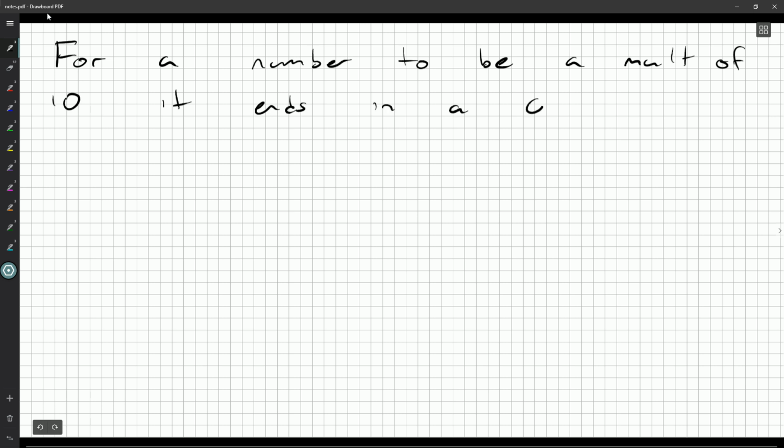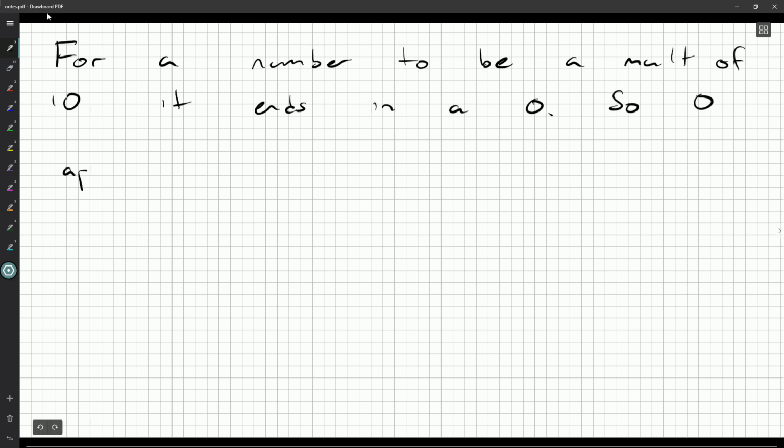Anyway, so there's a nice little divisibility rule for a number to be a multiple of 10, it must end in a 0. Okay, but that means then we have at least one 0.